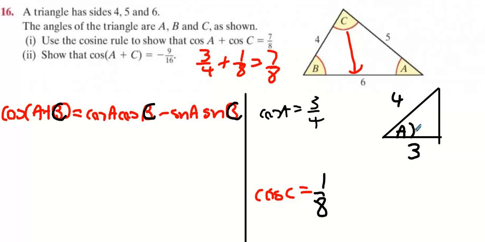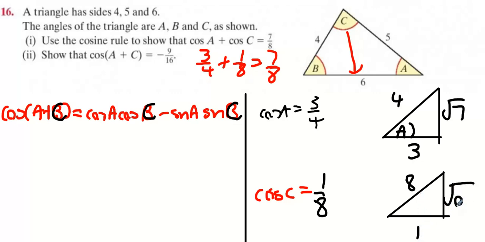You're going to get 16 take away 9. 16 take away 9? 7, which means the other side is root 7. And then on the other one, for C, we have 8 as the hypotenuse and 1 as the adjacent. 64 take away 1. 63, so the other answer has to be root 63.